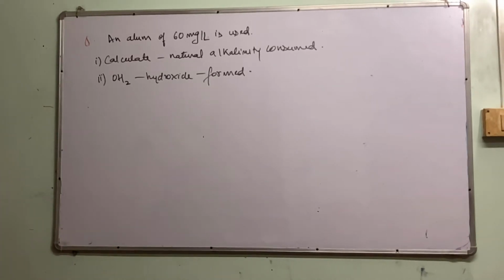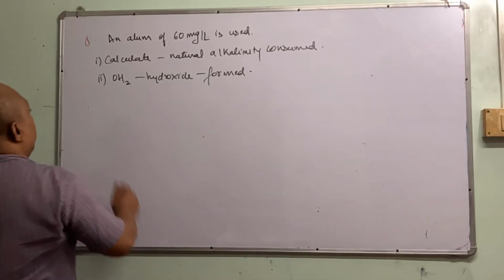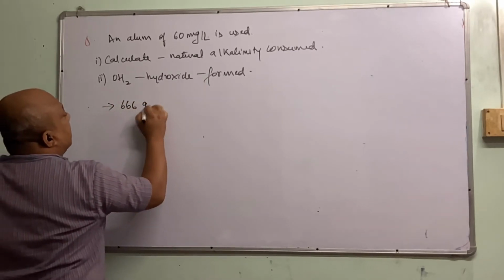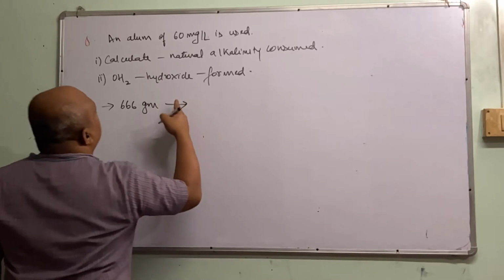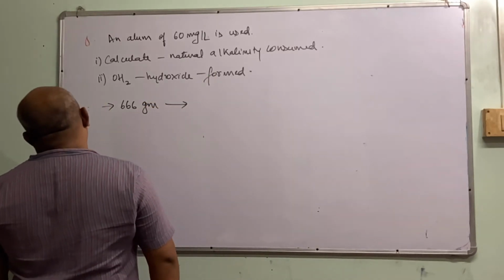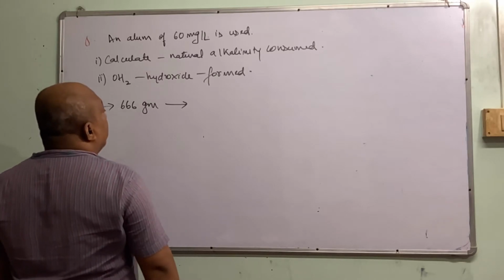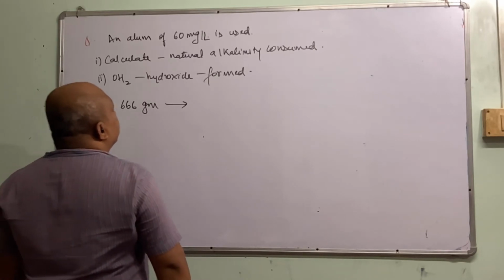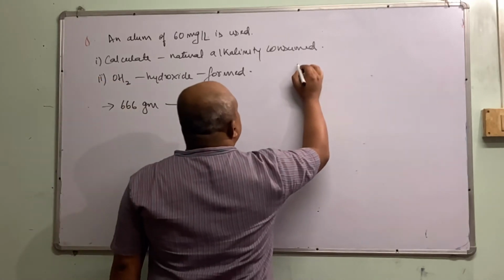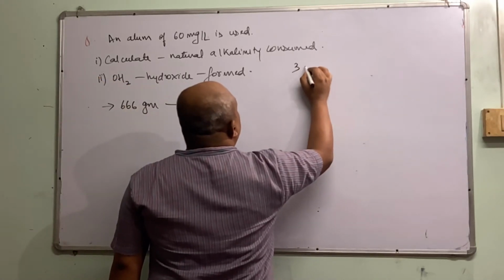So what I'll do is, as I told you before, I forgot the things. Simple, 666 gram produced. How much alkalinity was consumed? Just now I wrote it, I forgot it. That was 666 gram produced, how much alkalinity? 3.